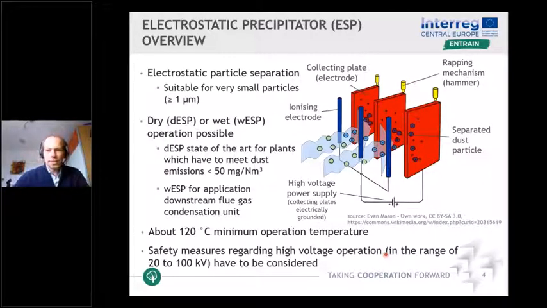Here the flue gas is fed into the electrostatic precipitator, and particles that flow through the filter are negatively electrically charged at ionizing electrodes, and then move in the direction of collection plates due to electrical attraction.